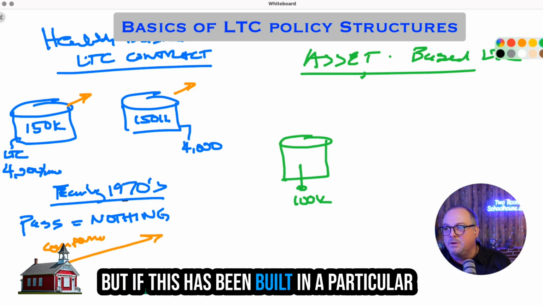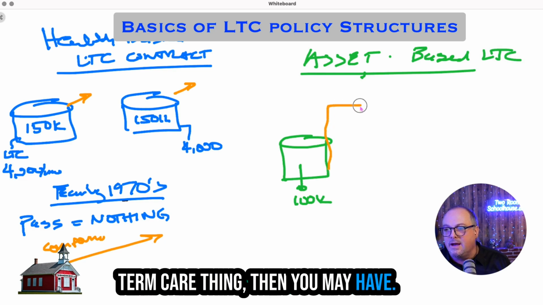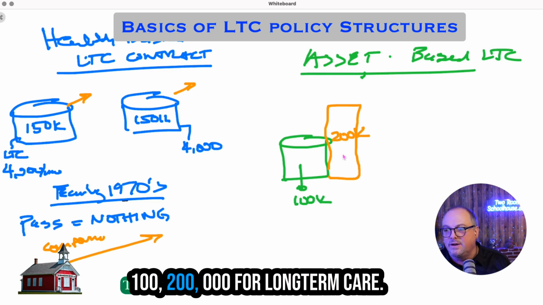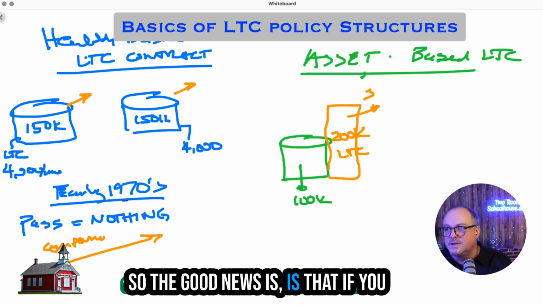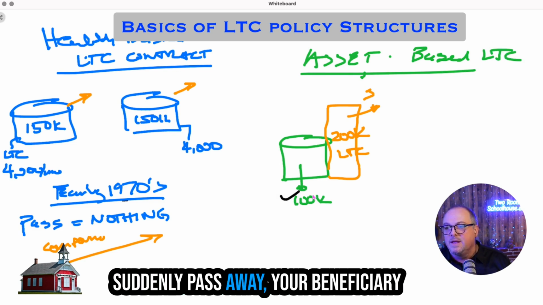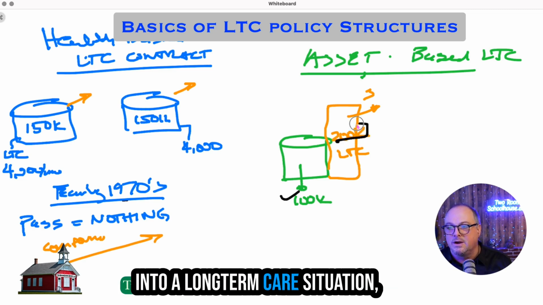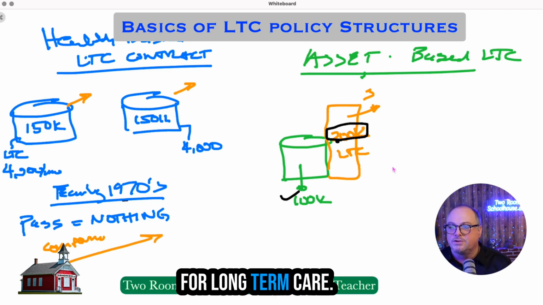But if this has been built in a particular manner, then if you have a long-term care need, you may have, say, $200,000 for long-term care, and this is growing at 3% as well. So the good news is that if you suddenly pass away, your beneficiary is going to have the $100,000 death benefit. But if you go into a long-term care situation, there'll be $200,000 available for long-term care.